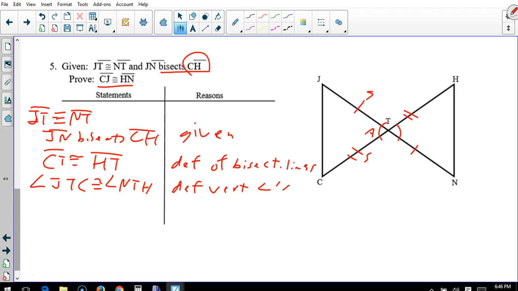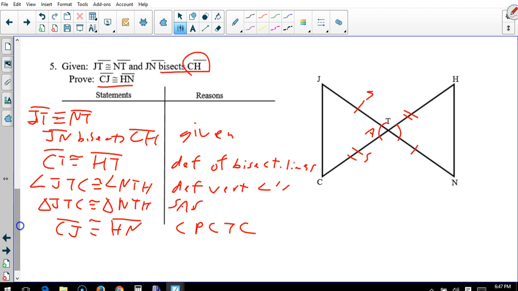Now, I have enough to say that triangle JTC, I use the same order, is congruent to triangle NTH by SAS. And then I can say CJ is congruent to HN by CPCTC.